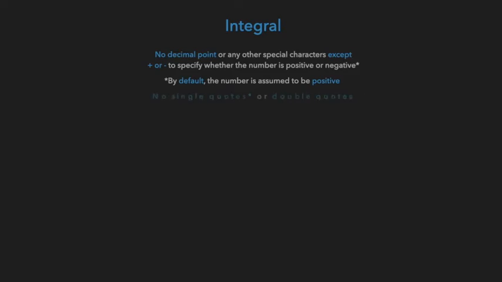And then no single quotes or double quotes, in the sense you can't write int a is equal to double quotes 56, right? It's not a string, it's an integer. So you cannot store it in that way.